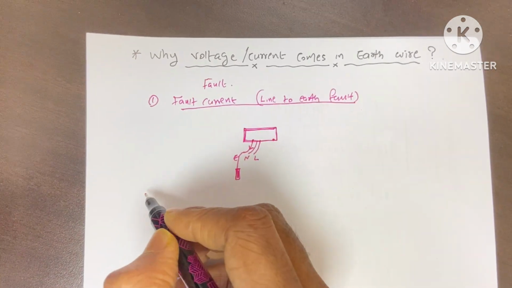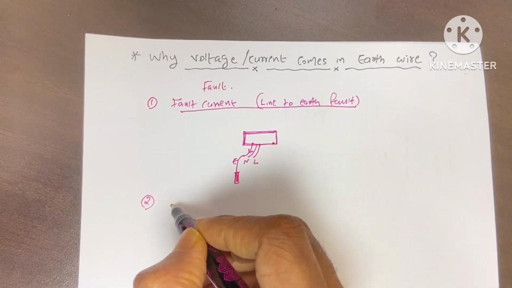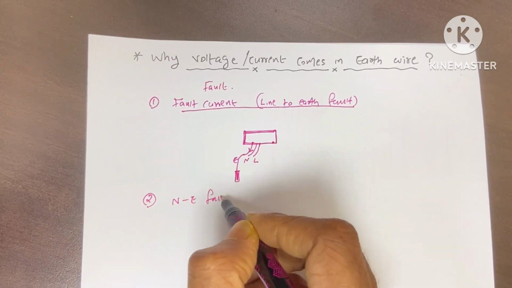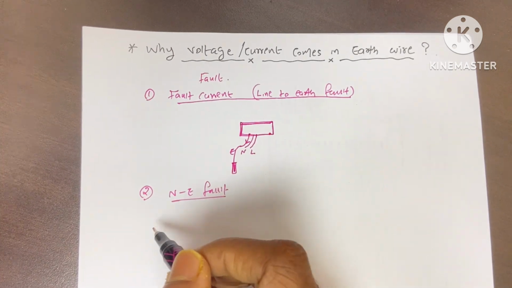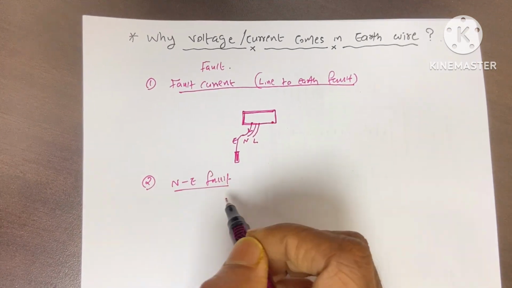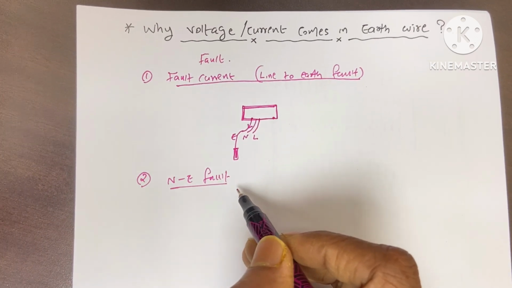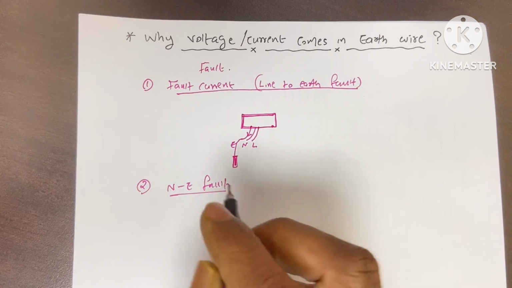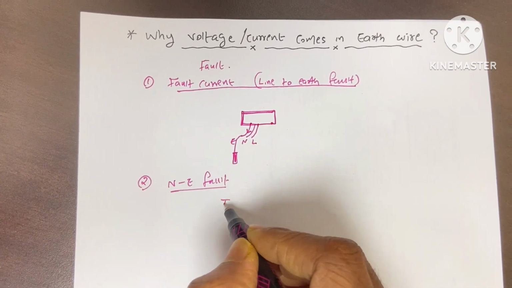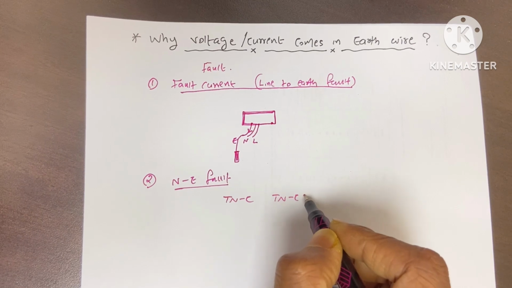The second case may be due to neutral earth fault. In this one, if neutral and earth are connected somewhere unintentionally, then some current would flow through the earth wire. It is common in the TN-C and TN-C-S methods.